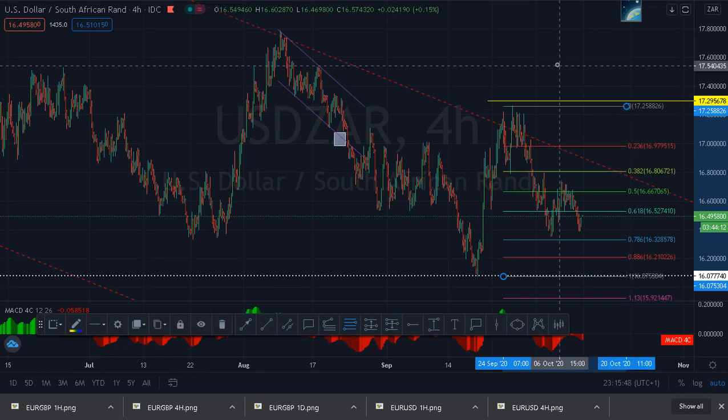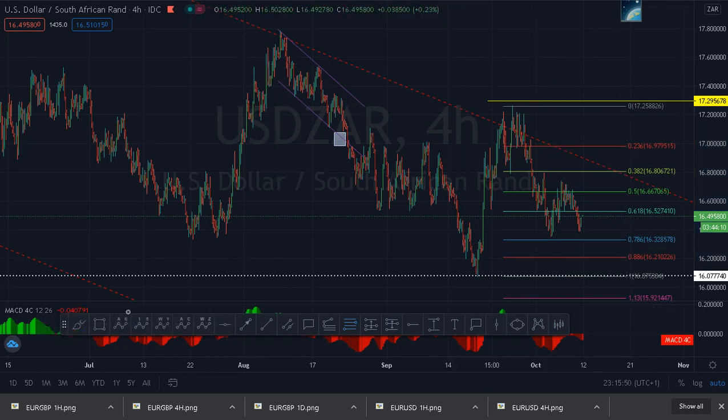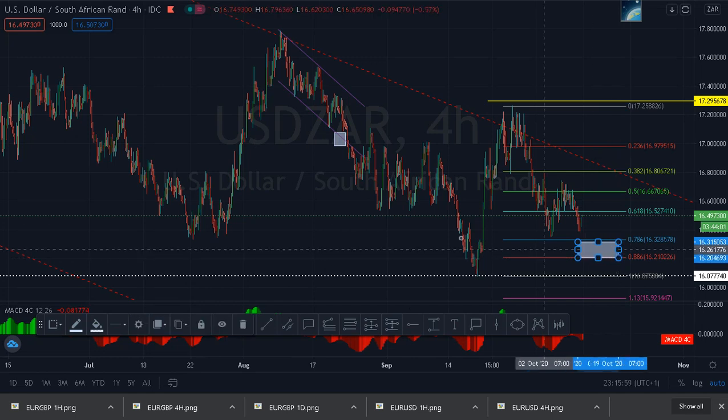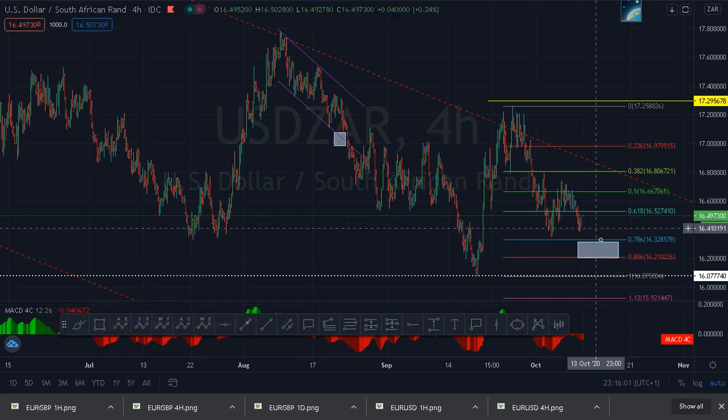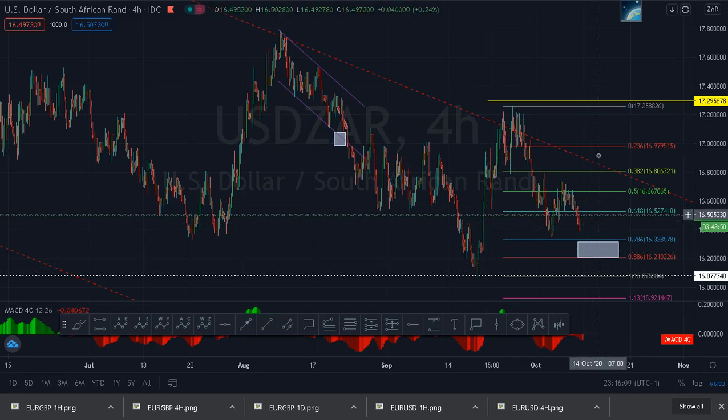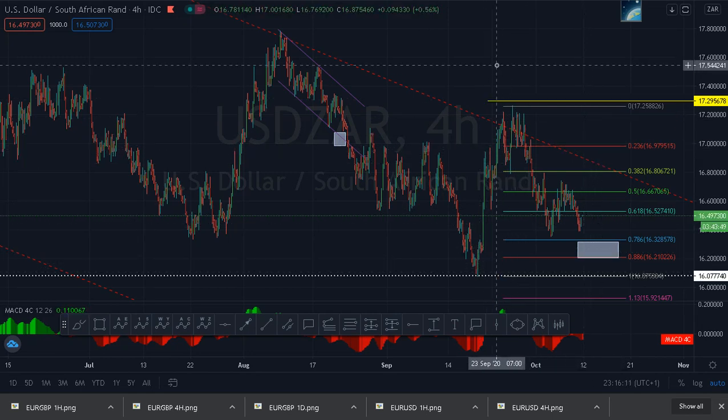If you are trading USD, keep your eyes on what happens here, between the 78 and 88% Fibonacci retracement. We may have a bounce here, and something of this nature might happen again from here. That's the most I can say on 4 hours.